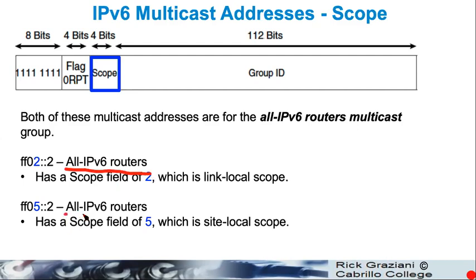We're going to see that in a moment for both, but it's this part right here. Notice we have the :2, all zeros and a 2. That's the all IPv6 routers. What designates scope, whether we're talking just on my network or within my site, is the scope field, whether it's a 2 or a 5 in this case.